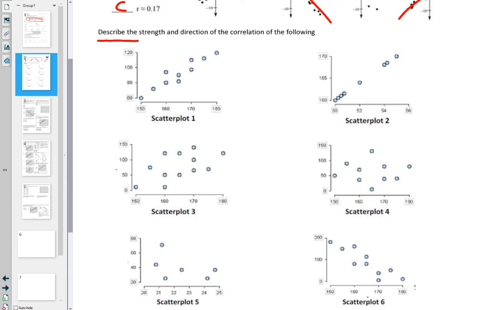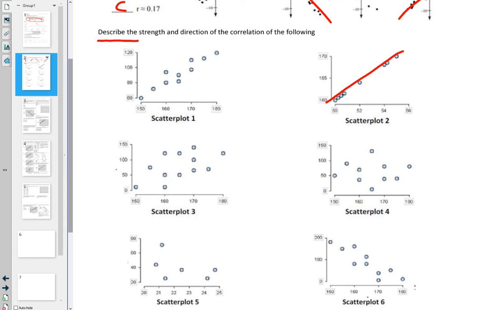It's not perfect, but it's fairly strong and it's positive. How about scatter plot 2? Yeah, very, very strong. This is almost a perfect straight line. So very, very strong, also positive. Well, how about 3? Yeah, it probably is positive, but it's pretty weak. I would say it's probably going to be less than 0.5.